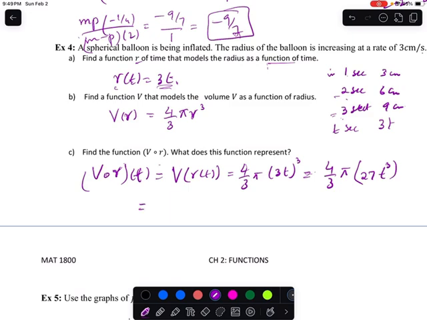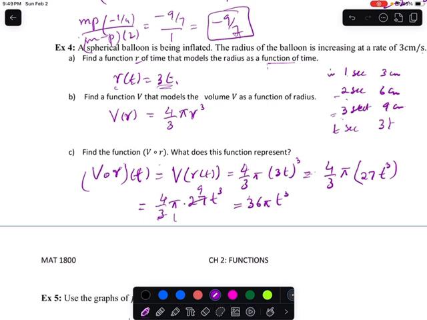So we end up getting V composed with r is equal to 4/3 pi into 27t cubed. Now 3 goes into 27 nine times. So I get 4 times 9 is 36 pi t cubed.